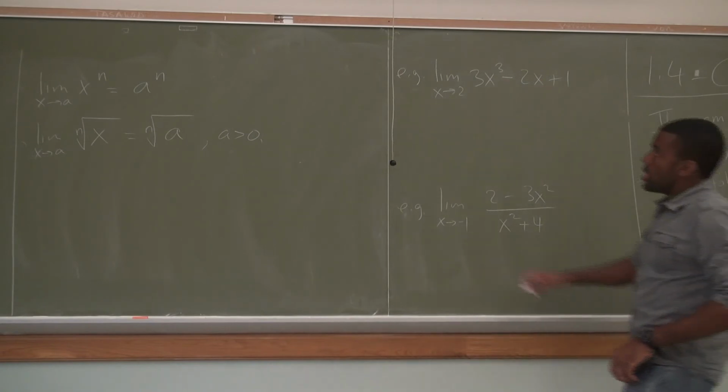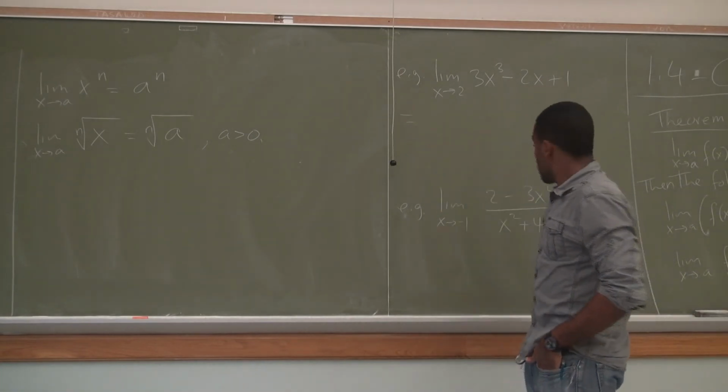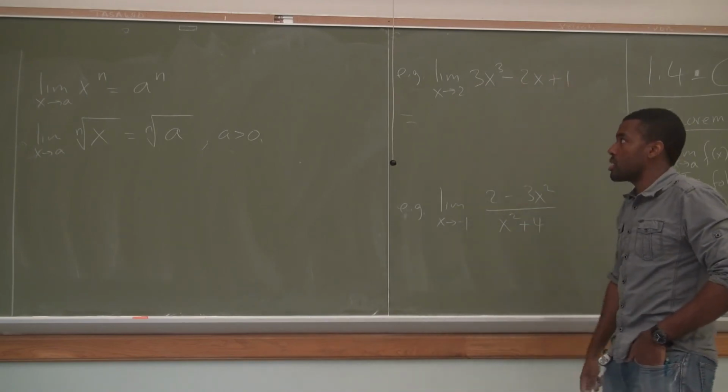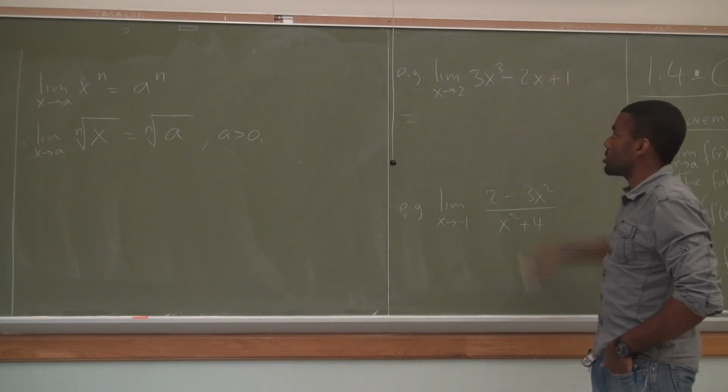So this rule says that because I'm adding things, I can just apply the limit to each thing separately, right?